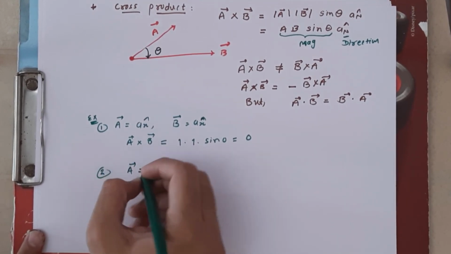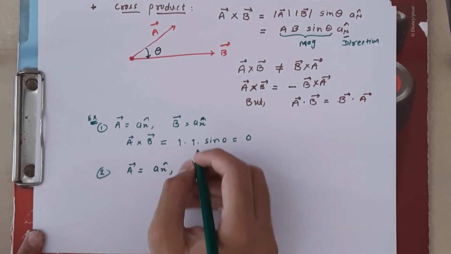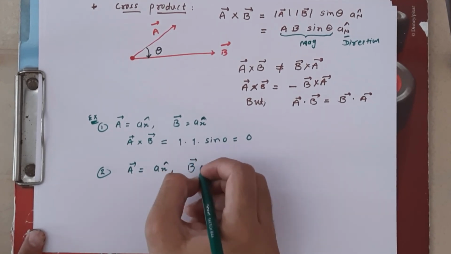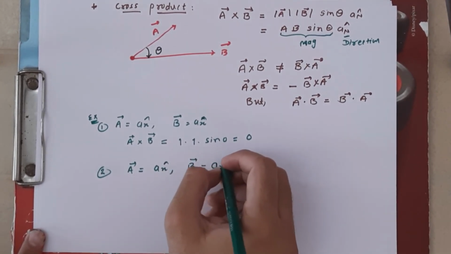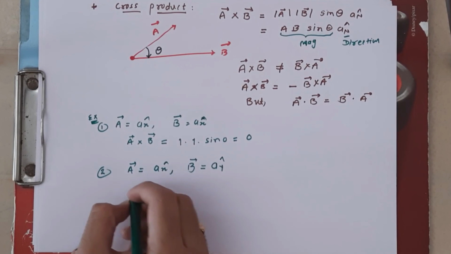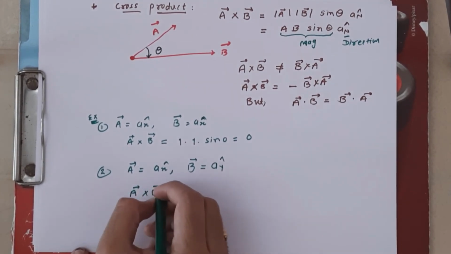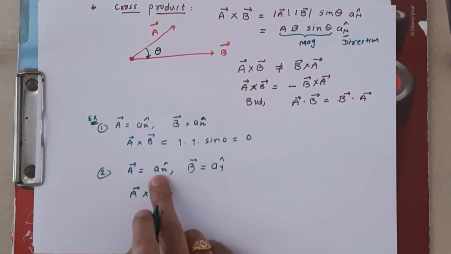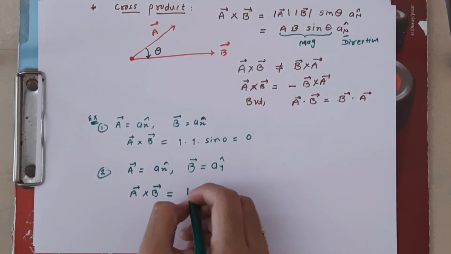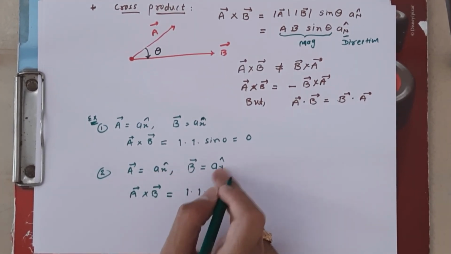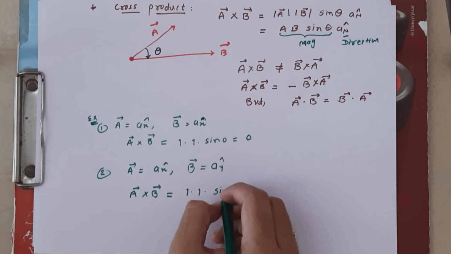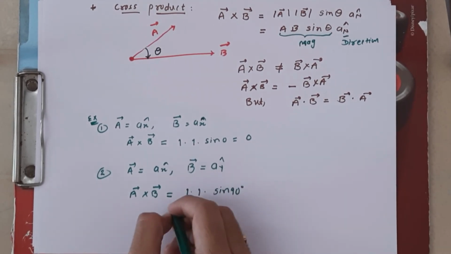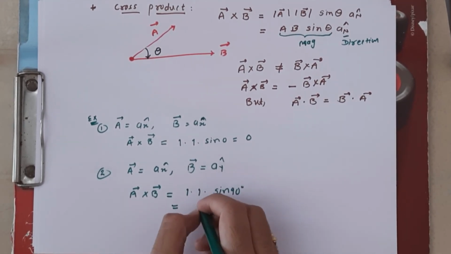Next example. A is equal to AX and B is equal to AY. Now find A cross B. The magnitude of AX is 1, the magnitude of AY is 1, the angle between X and Y is 90 degrees, so sin 90 degrees is 1.